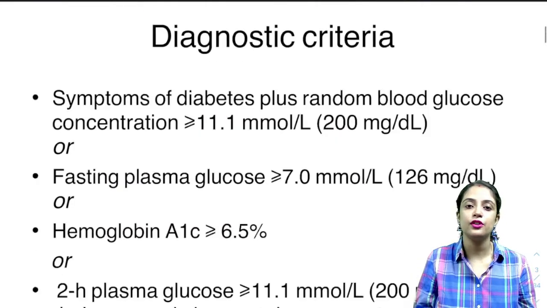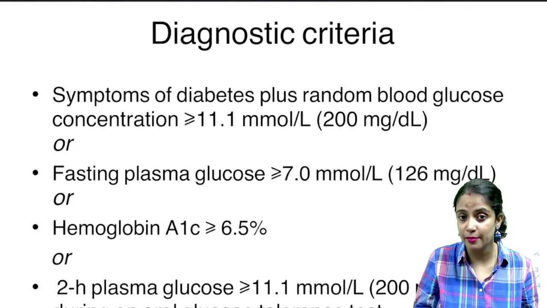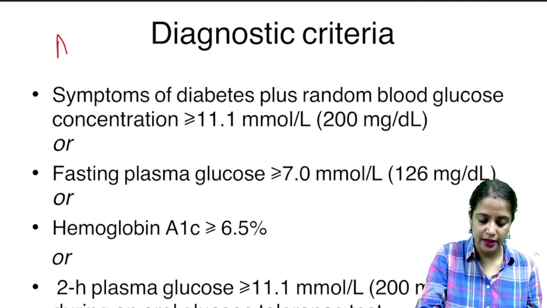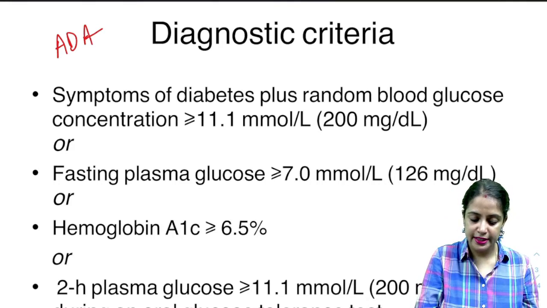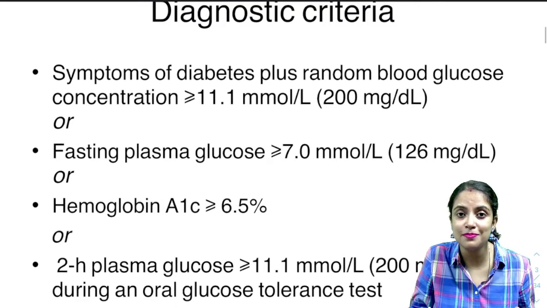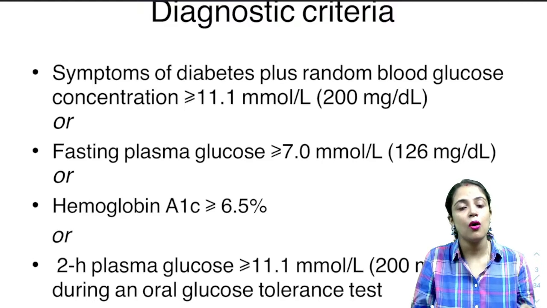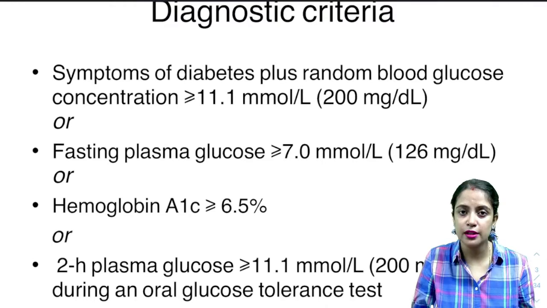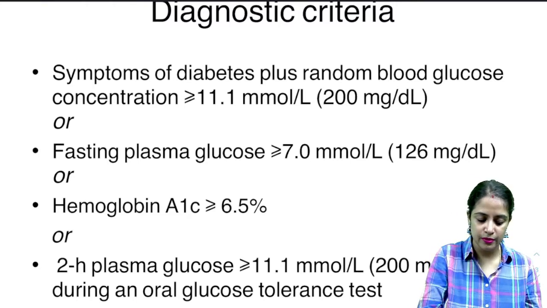Now, coming to the diagnostic criteria, this is by the ADA, the American Diabetes Association. As per the ADA criteria, if someone has symptoms suggestive of diabetes mellitus along with a random blood glucose of 200 mg/dL or more, the person will be diagnosed as having diabetes.